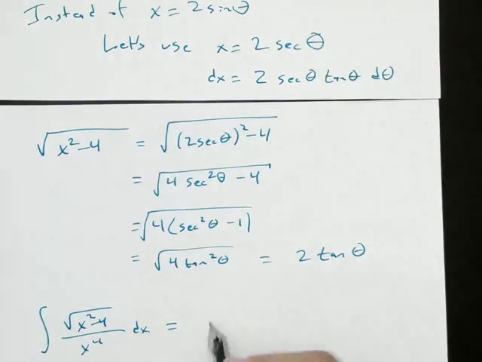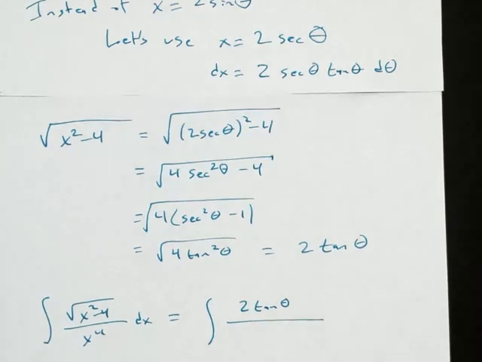Let's do this. On top, I'm going to get 2 tangent theta. On the bottom, what am I going to get? Yeah, it would be 16 secant to the 4th of theta.